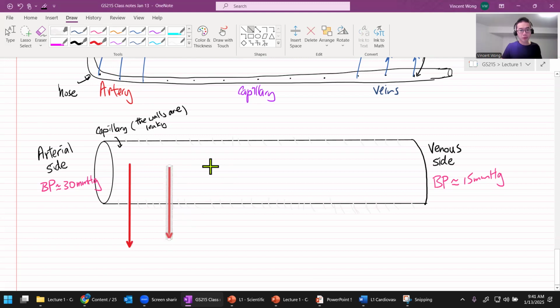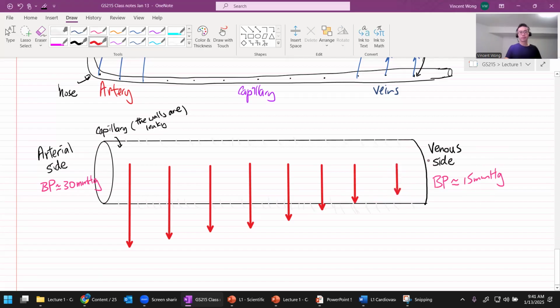Okay, and that push will get weaker and weaker as we go on to the other side. But it's there. Pushing fluid out into the tissue.